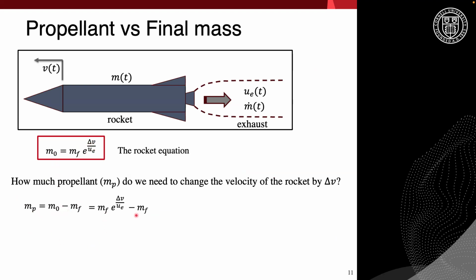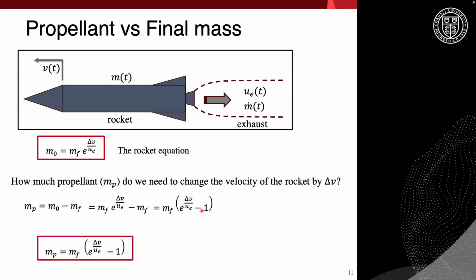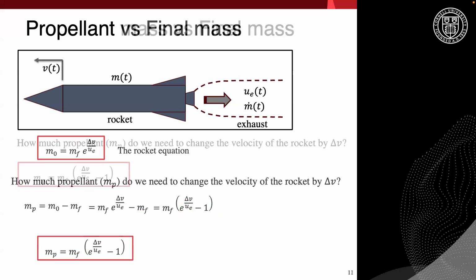So we get this expression, and then we notice this common factor mf. So we can write mf times exponential delta v over ue minus 1. And this is the expression of the propellant mass versus the final mass.